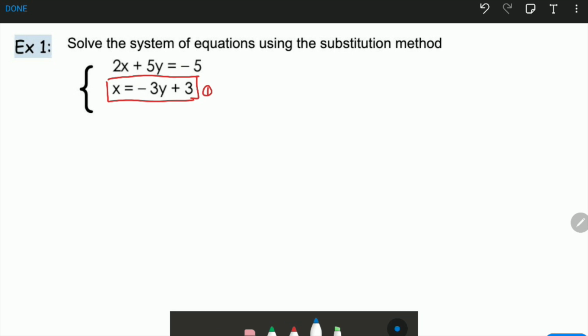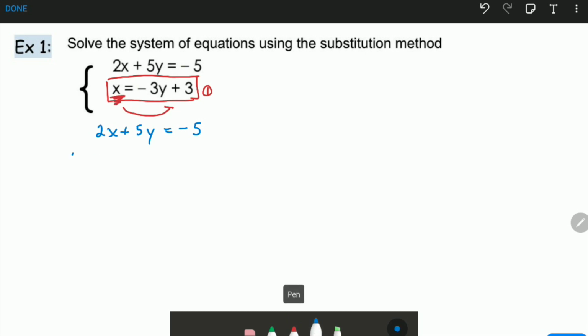Now that the first step is done, we're going to go on to the second step. We're going to look at the other equation, which is 2x plus 5y equals -5. And the second step is to replace, in this case, x in the equation written in blue with -3y plus 3.